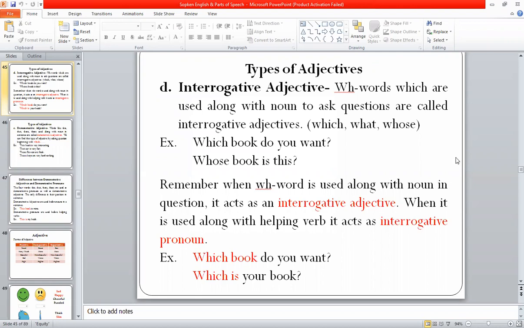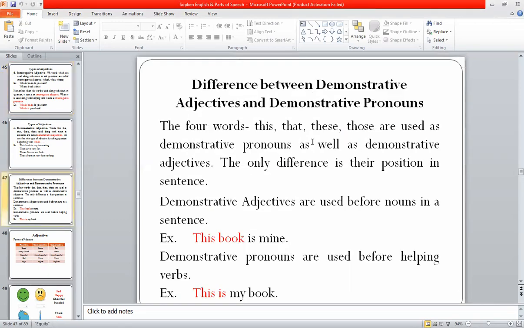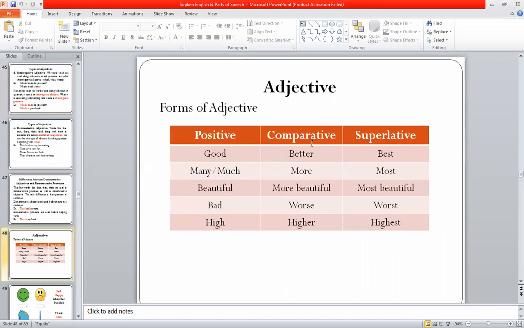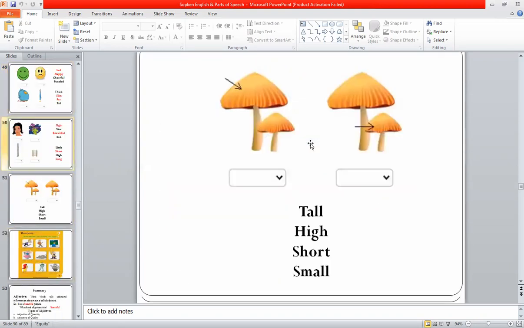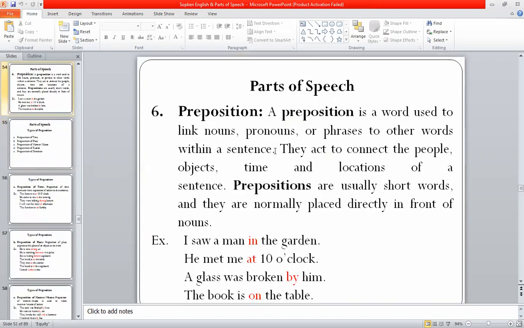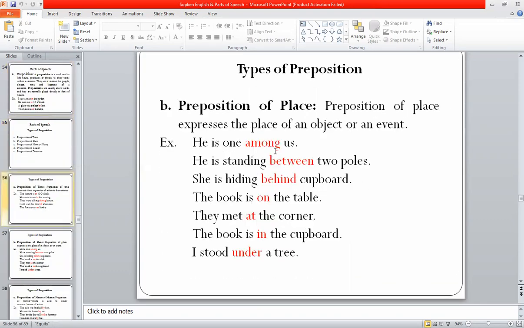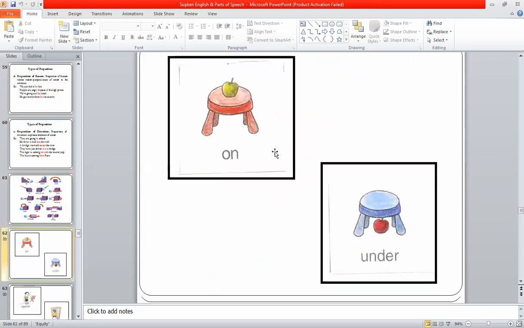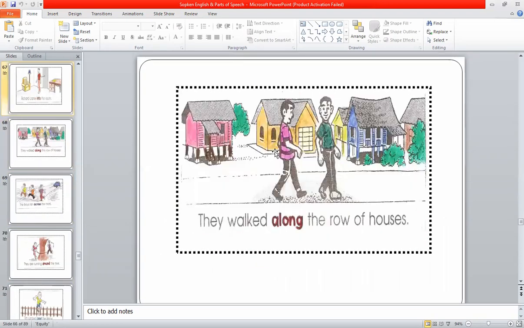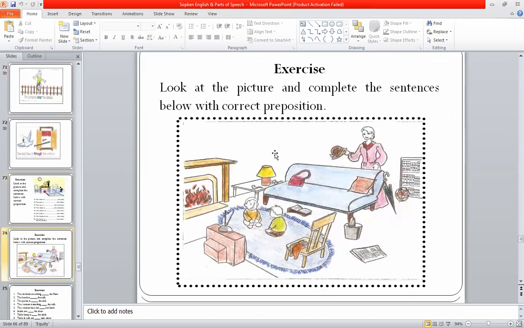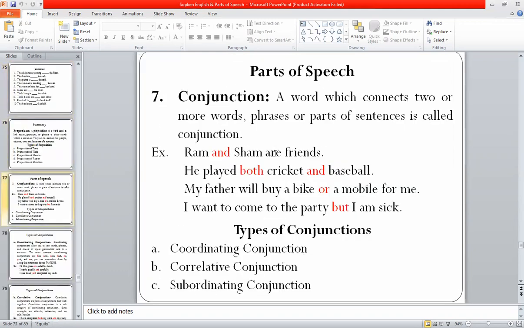There are three types of conjunctions: coordinating conjunctions, correlative conjunctions, and subordinating conjunctions. We have seen and also exercised them with examples.